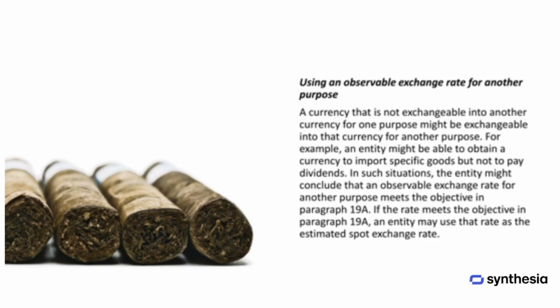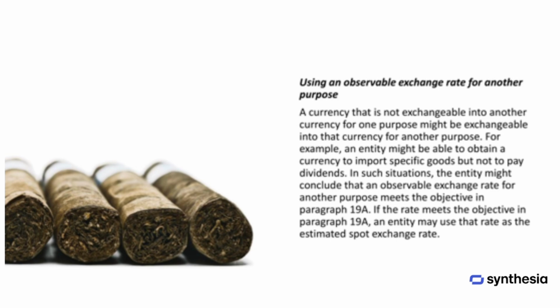Using an observable exchange rate for another purpose. Sometimes a currency might not be exchangeable for one purpose, but it might still be exchangeable for another. Let's take an example. Imagine an entity can use a certain currency to import specific goods, but cannot use that same currency to pay dividends. In this case, the currency is exchangeable, but only for a particular purpose. So what should the entity do?